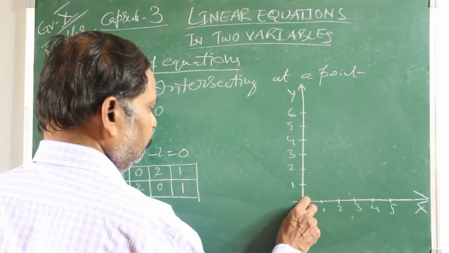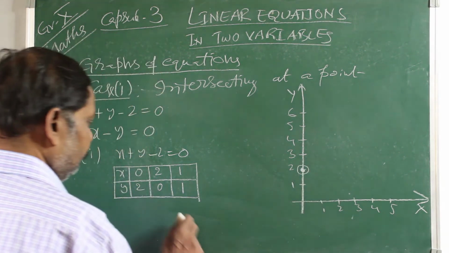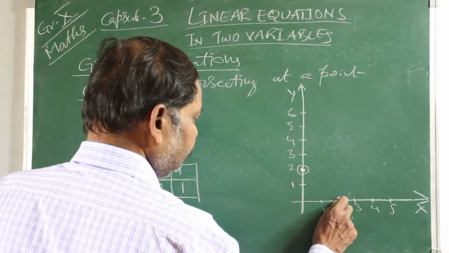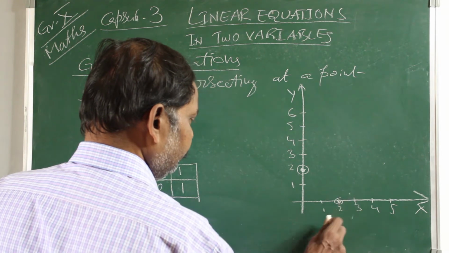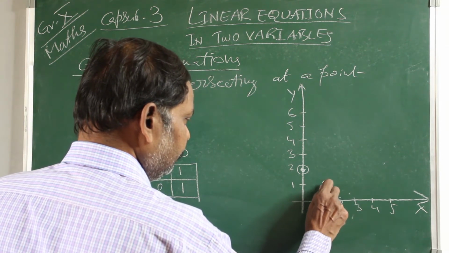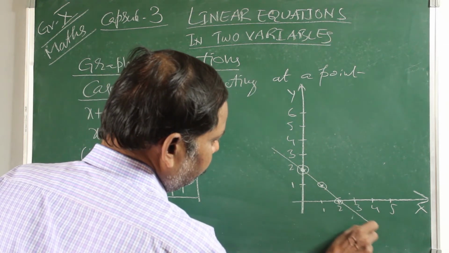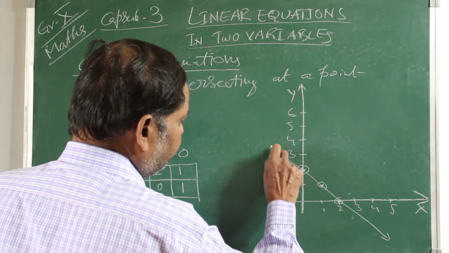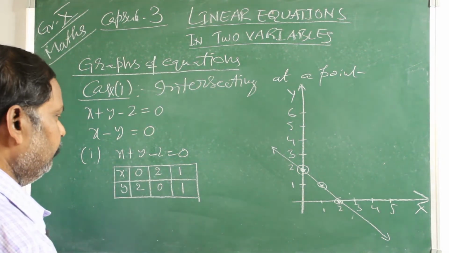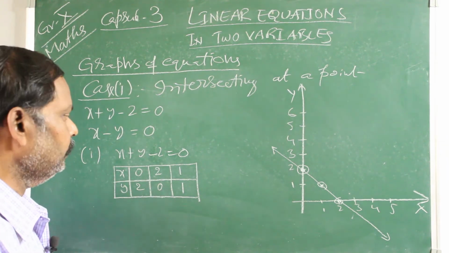When x is 0, y is 2. This is the point. When x is 2, y is 0. This is the point. When x is 1, y is 1. And this is the point. If we join the 3 points, draw a straight line connecting the 3 points. This is the straight line representing the first equation, x plus y minus 2 is equal to 0.